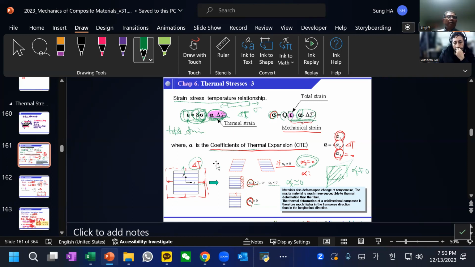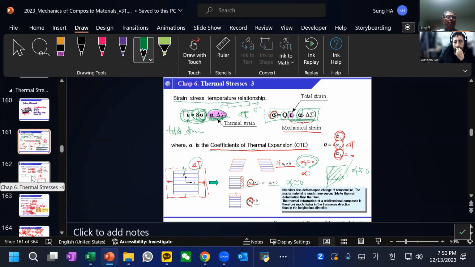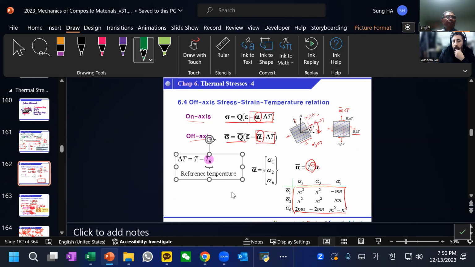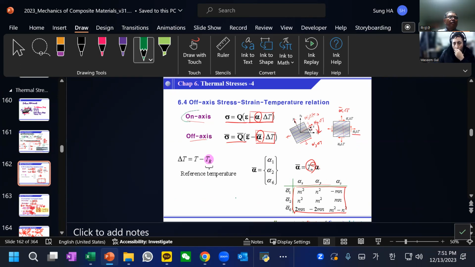So anyhow, this is the starting point, and actually this is the only difference in the derivation of classical laminate theory. The definitions of the mechanical load and all the derivations of the total strain and deformation are all the same. On axis, we have the alpha terms. Off axis means we have a certain angle.